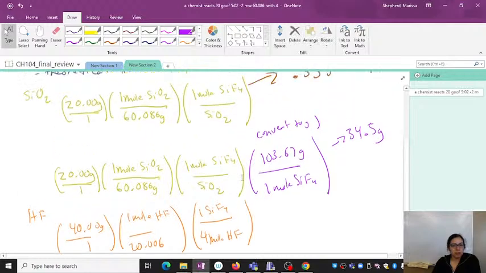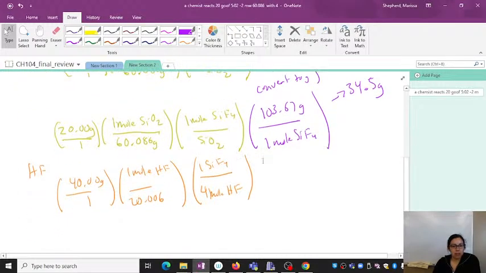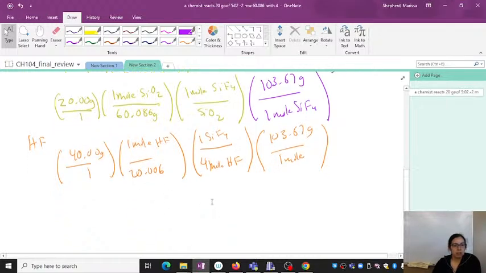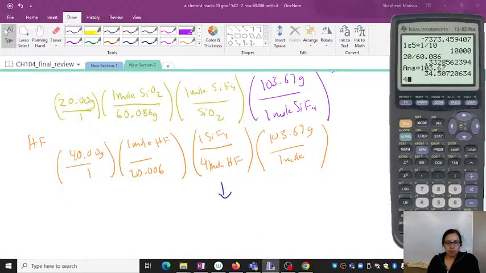So here's where you could stop and compare, or you could go on to calculate the mass. And that'd be the same step. We'll take an aside here. So 40 divided by 20 divided by 4.